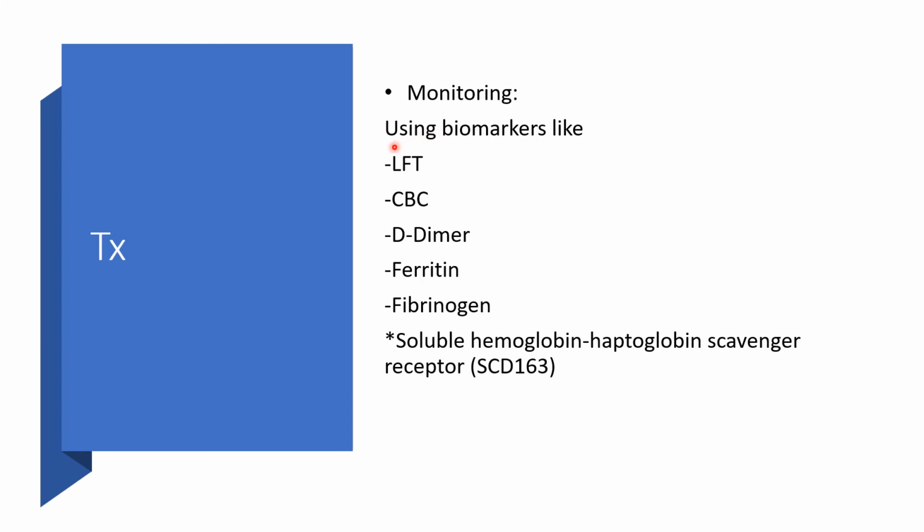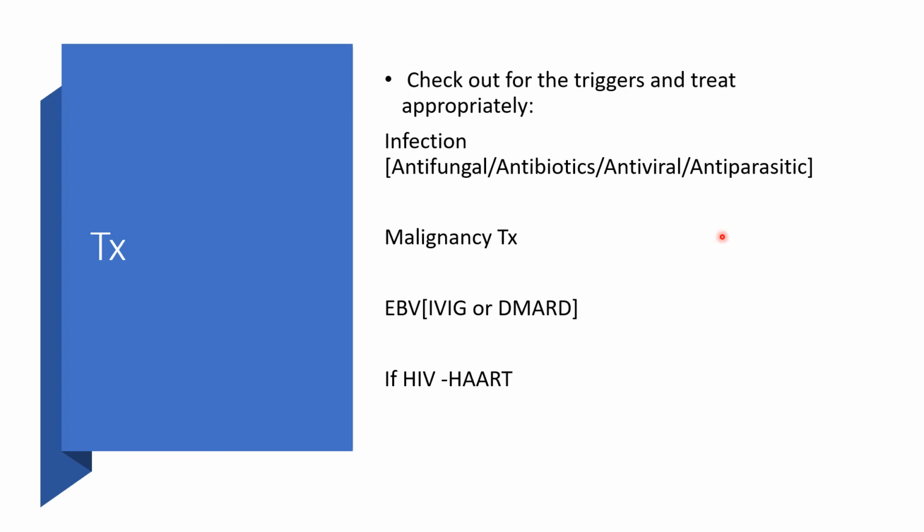Monitoring. We can monitor HLH by using biomarkers like liver function tests, complete blood count, D-dimer, ferritin level, fibrinogen, and soluble hemoglobin haptoglobin scavenger receptor, sCD163. We have to check for the triggers and treat appropriately. For example, if it is infectious in origin, like fungi, we give antifungal.